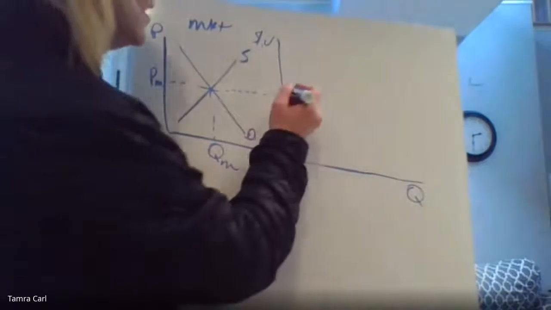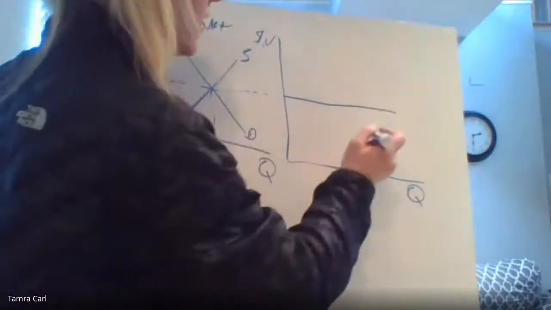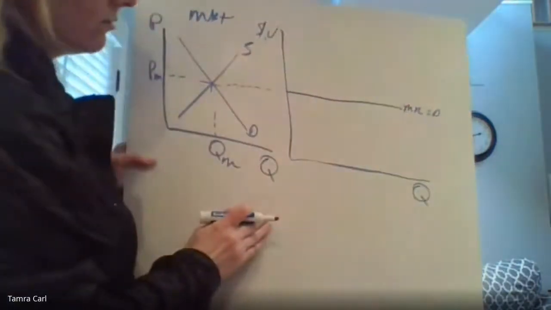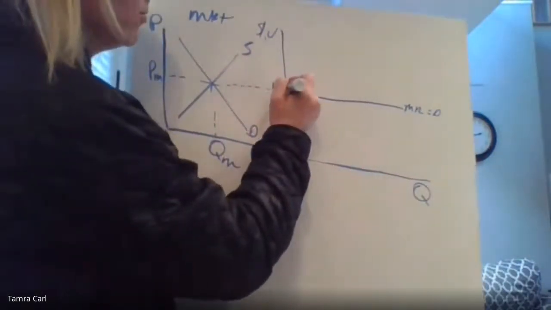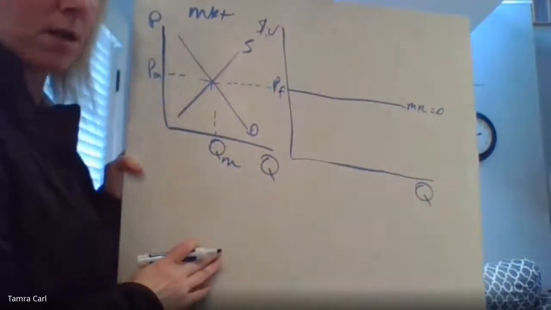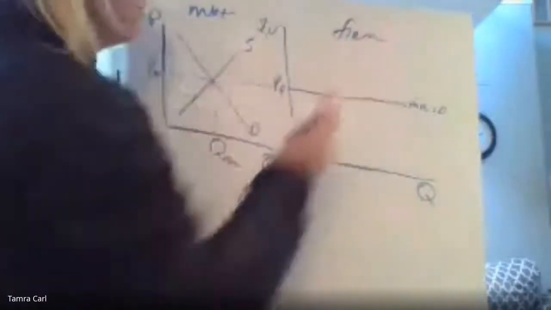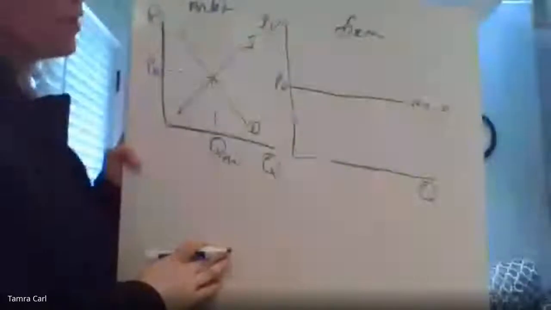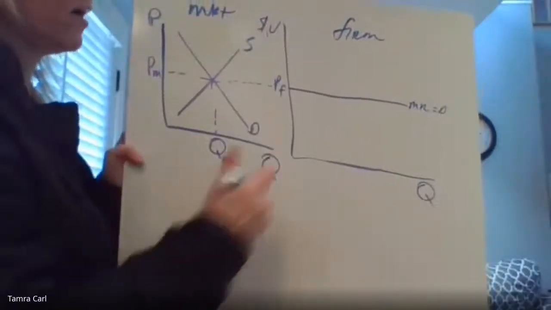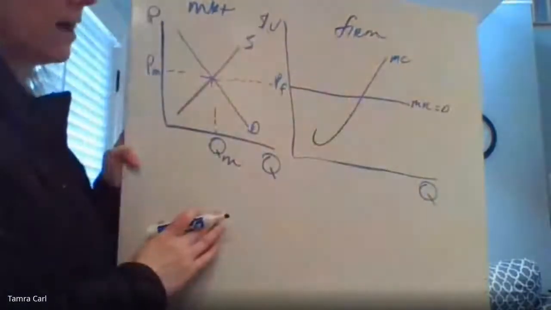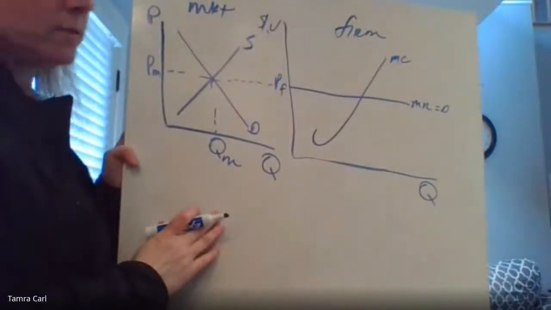So when I'm looking at this here, this is where I have my MR equals D equals AR equals P. I'm just going to do right now marginal revenue equals demand, because I'm going to put the price of the firm here. And then this would be my firm. So in looking at this here, I've got my marginal cost curve. That is my U-shaped.